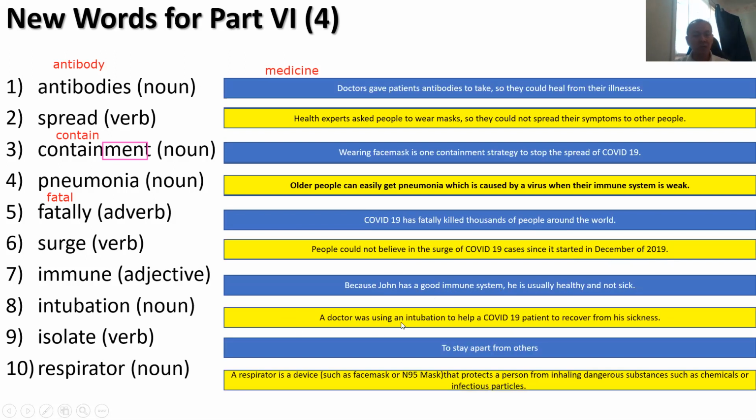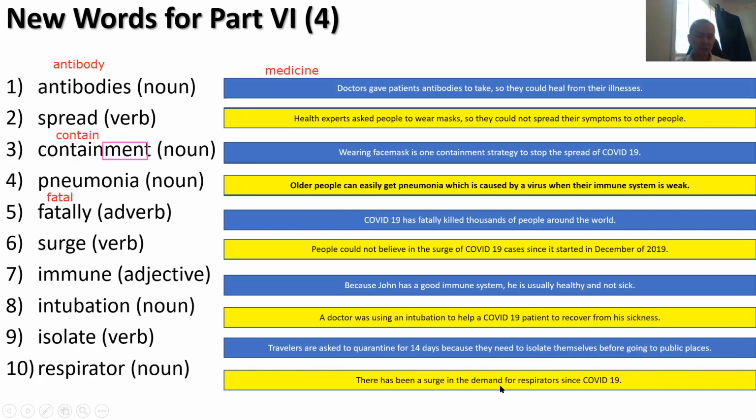A doctor was using an intubation to help a COVID-19 patient to recover from his sickness. Travelers are asked to quarantine for 14 days because they need to isolate themselves before going to public places. There has been a surge or increase in the demand for respirators since COVID-19.